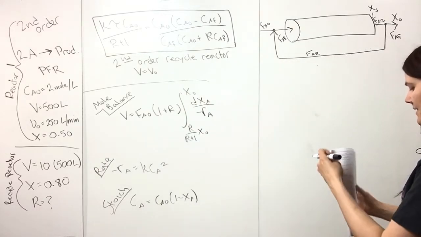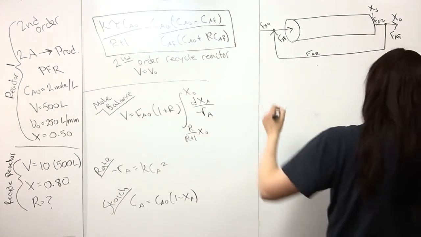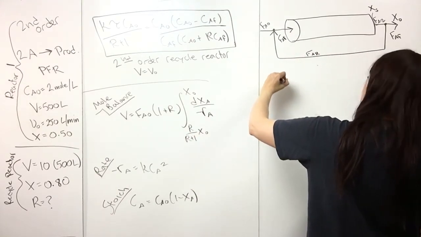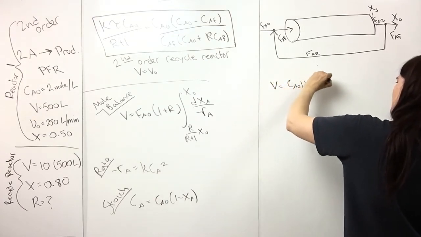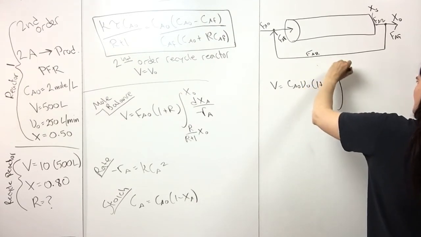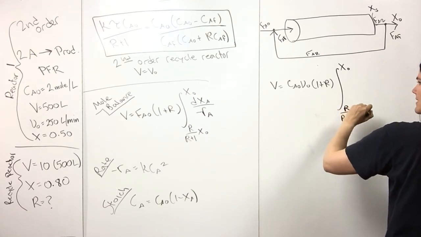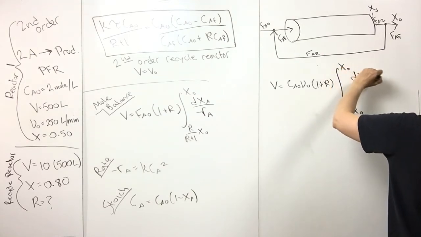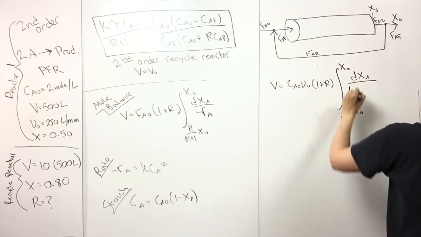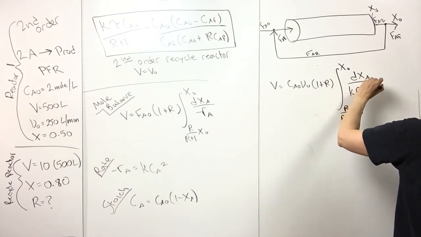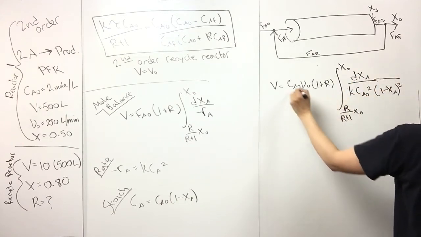Then you can combine some of this stuff, and using FA naught equal to CA naught V naught, we have V equal to CA naught V naught, (1 plus R) X naught to (R plus 1) X naught, dXA over, and then we can put in the rate, so k CA naught squared (1 minus XA) squared.